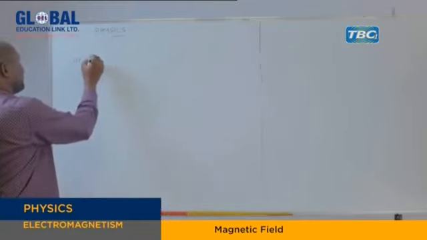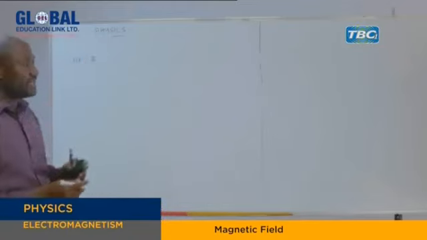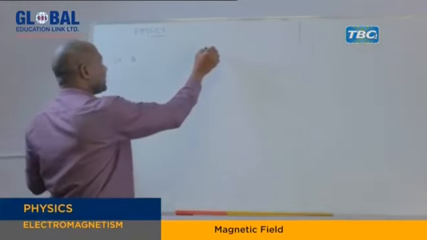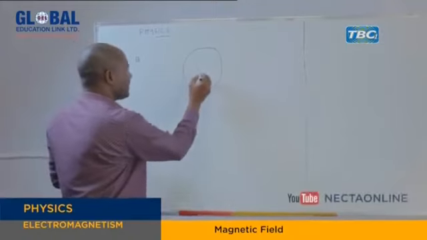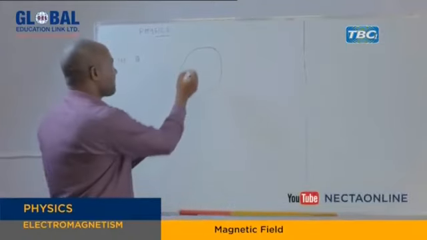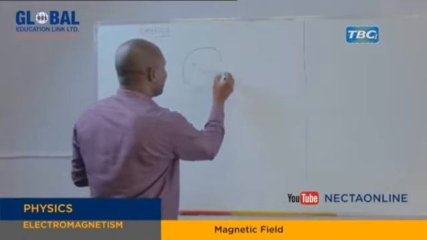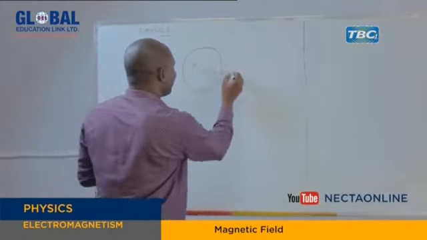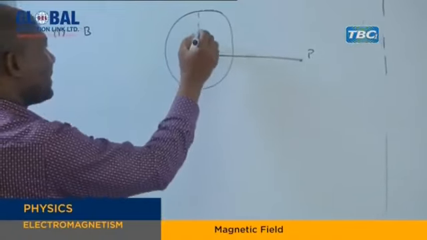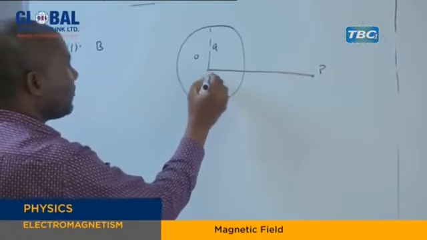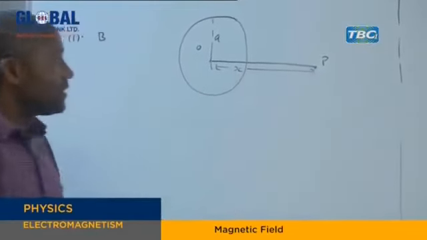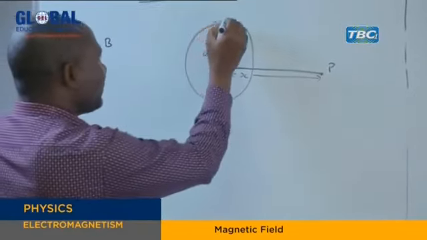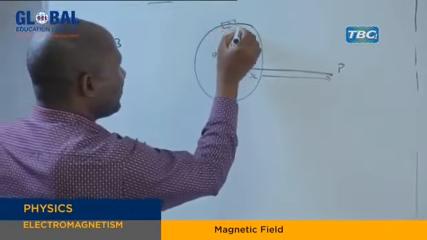One, the magnetic flux density of a circular wire carrying current. Maybe this is the center of the wire, or this is the axis, our point P, and this is the radius A. And the distance from the center, we call this X. And we choose, if you remember, the way you derive this, we draw the line here.